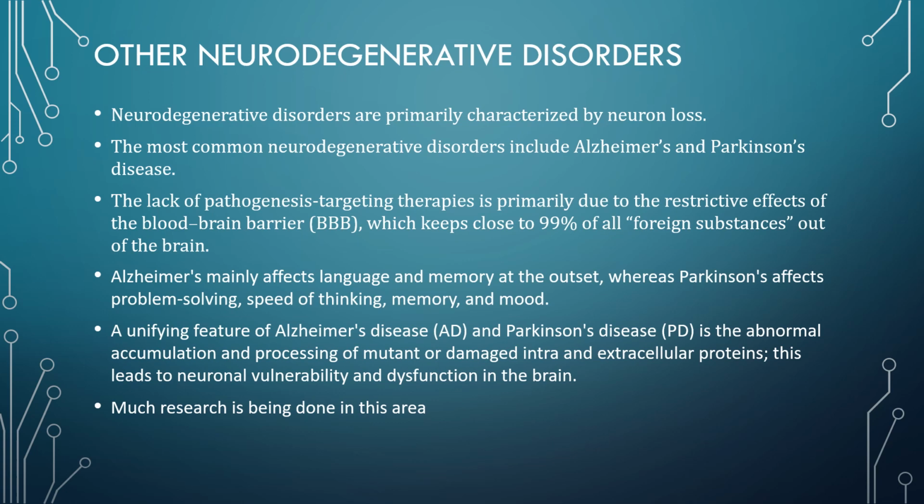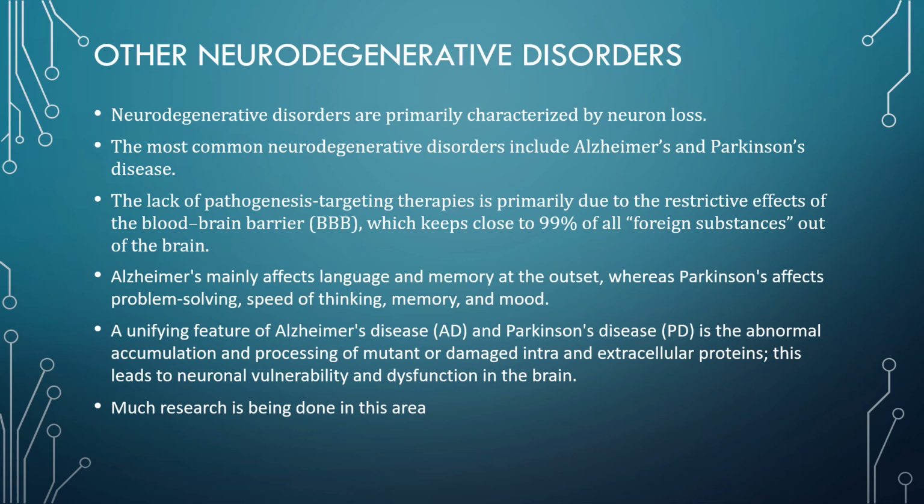But these are progressive disorders, meaning they get worse over time and are primarily characterized by neuron loss or neuron damage. And so you have worsening symptoms. Some of the neuron loss is normal with just aging, but Alzheimer's and Parkinson's in particular are pathologic examples of that.